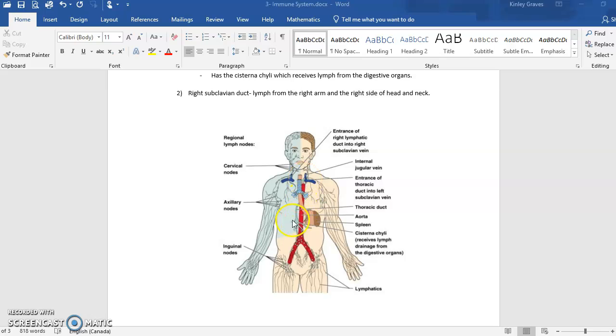So your lymphatic fluid from the left side of your body and anywhere below your thorax enters through the thoracic duct into the left subclavian vein. So again, take a look at this diagram. You can see where all these different things, this is the cisterna chyli, and it leads to the thoracic duct. And then, like I say, all of these different lymph areas come and they deposit into the left subclavian vein.